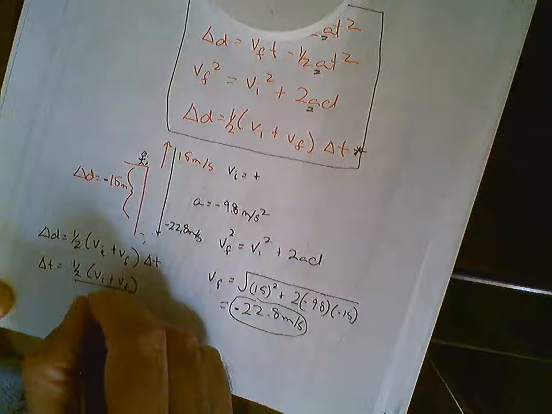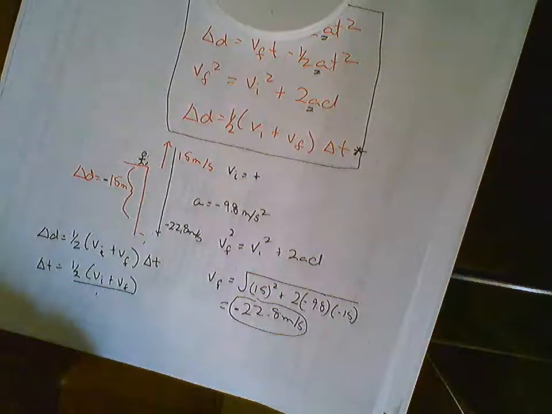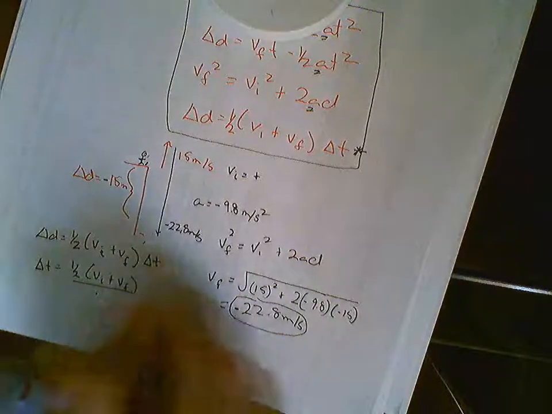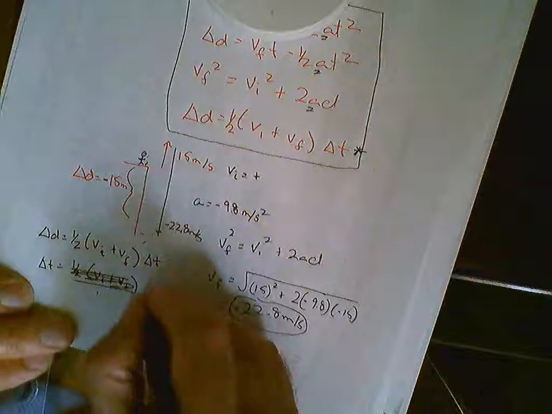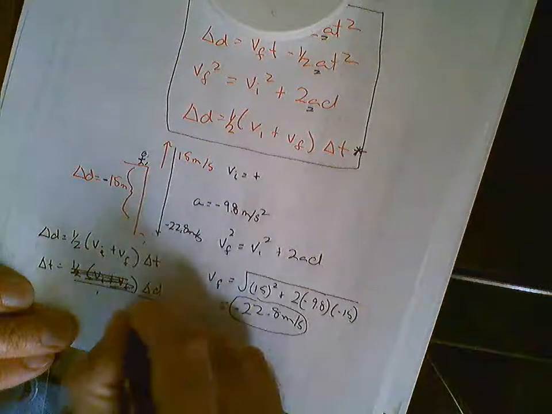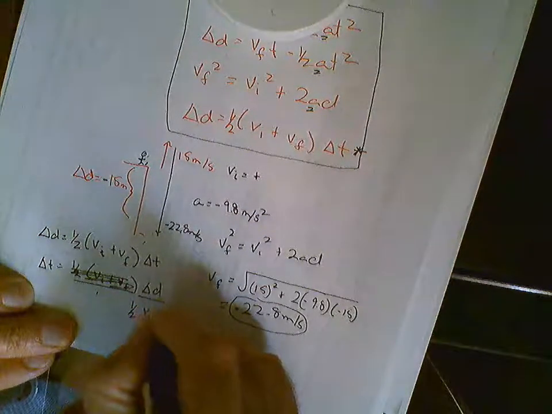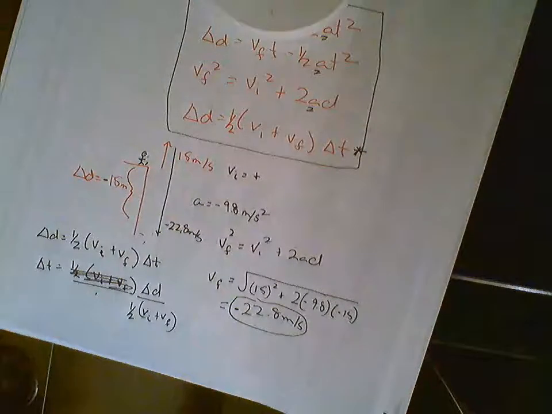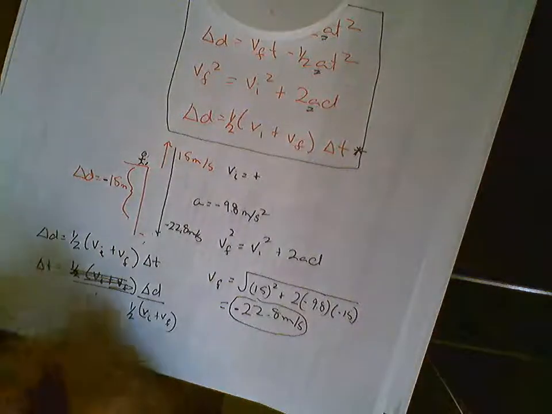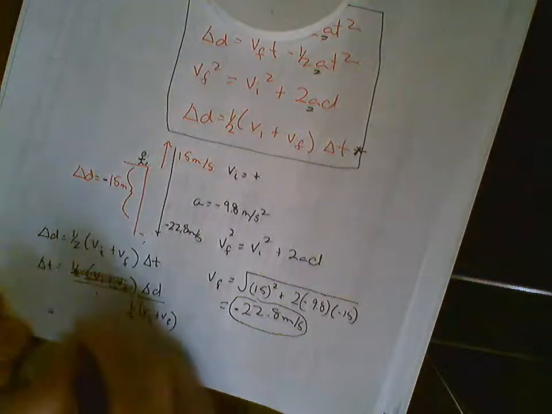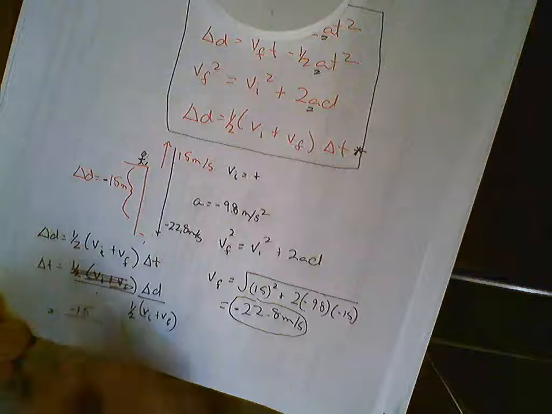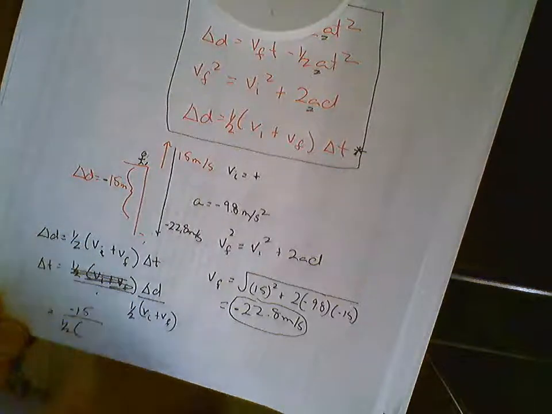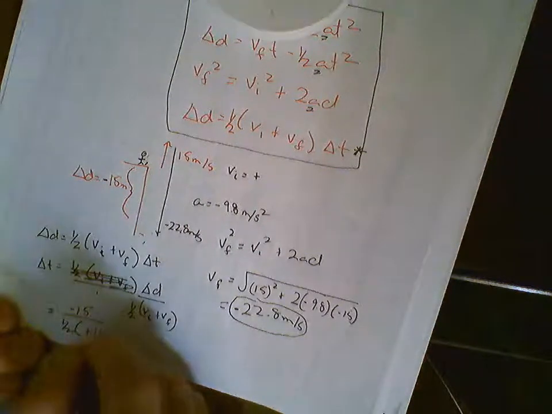I'm going to rearrange this formula, so delta T equals half VI plus VF over, did I do that right? Yes, I did. No, I didn't. Sorry about that, folks. It's delta D over half VI plus VF. There we go. I apologize. Now, here's the trick. Your delta D is negative 15. Your VI is plus 15.